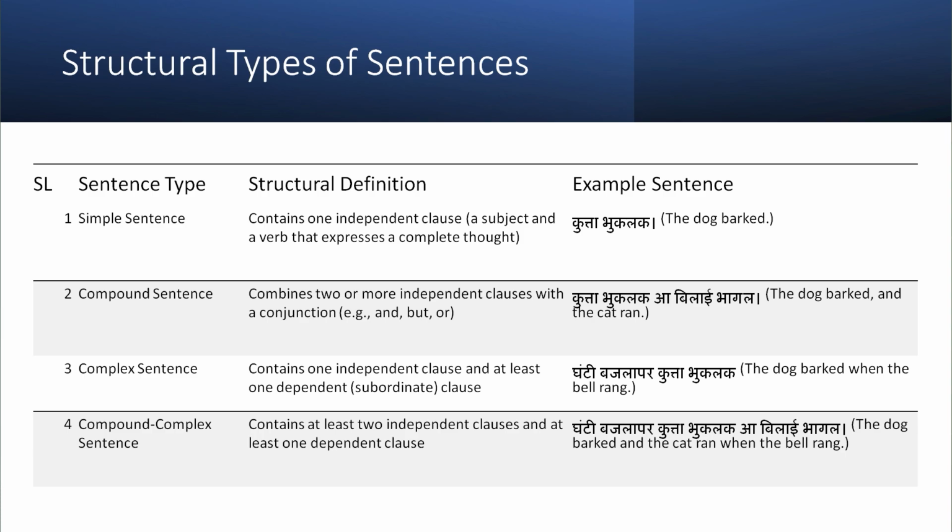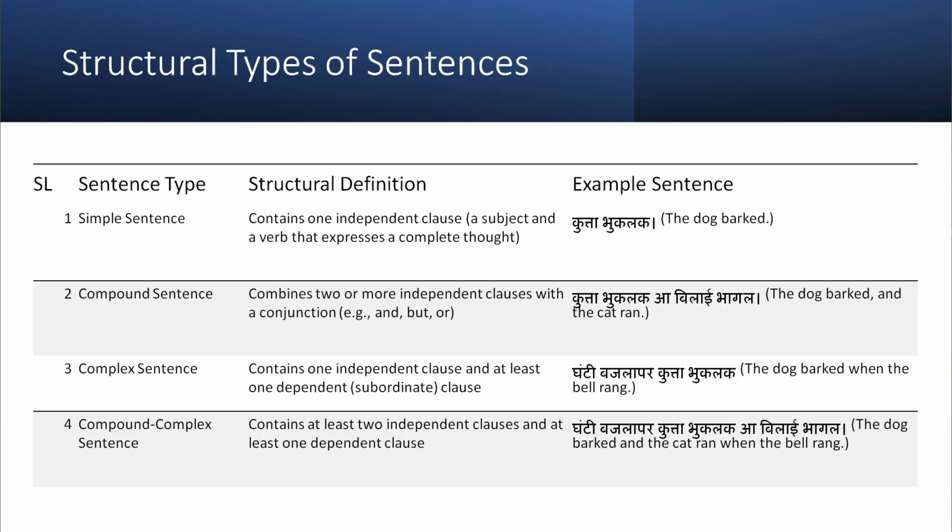If we make the same sentence a compound complex sentence, it would be the dog barked and the cat ran when the bell rang. So, two of the actions are dependent on one. The same thing in Maithili would be "ghanti bajla par kutta bhuklak, a bilai bhagal".